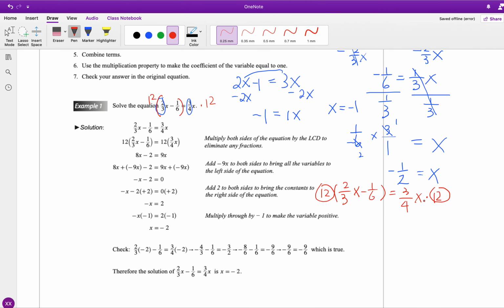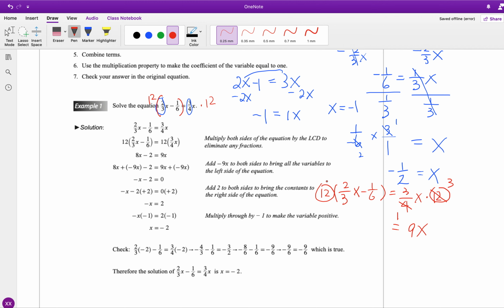Now this side is very easy to see because it's 12 multiplied by 3 over 4 and multiplied by x. Now cancel. That's 1 and then that's 3. So this side you see already 9x.